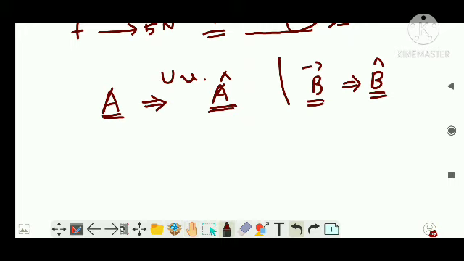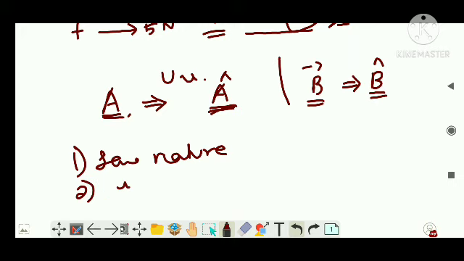So what are the three basic natures of a unit vector? First, A cap, that is the unit vector, will have the same nature as A. That is, a unit vector has the same nature as that of its parent vector. This is its parent vector. So this much should be clear. That is the first point, guys: same nature. Second property of a unit vector, it has the same direction.